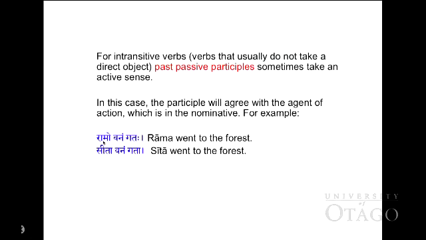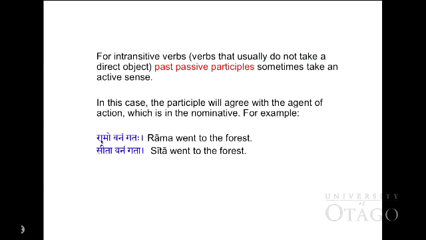For example, Ramo vanam gatah, or Ramah vanam gatah. Rama went to the forest. Gatah comes from the root gam, gacchati, go. It is an intransitive verb, so we can translate it in an active sense. So Rama went to the forest.